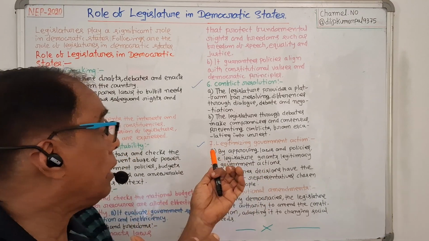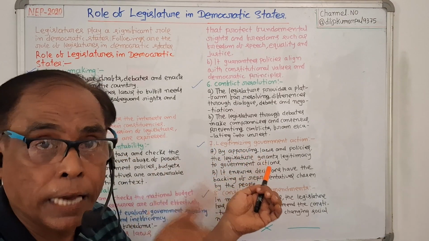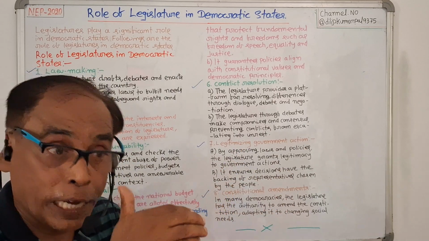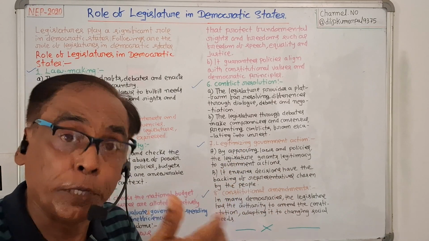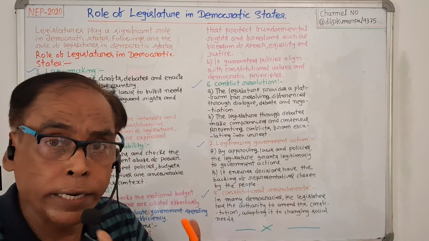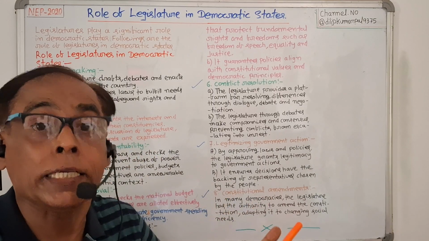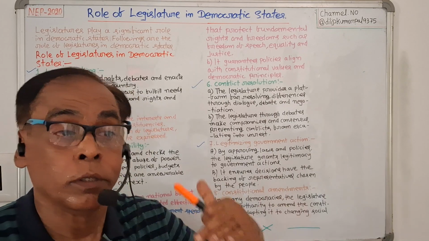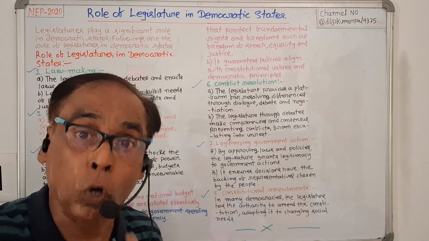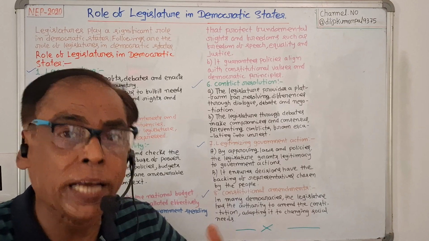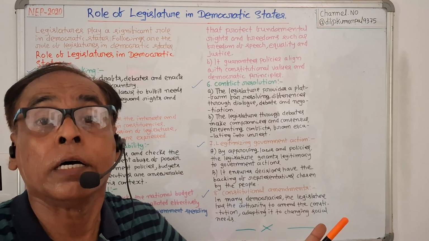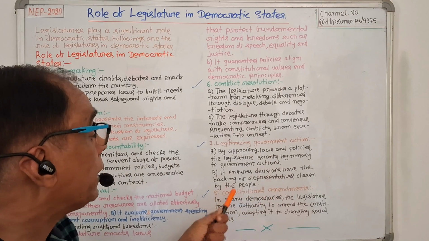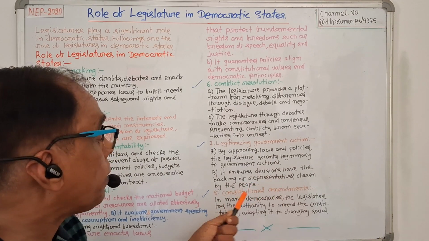It is the function of the legislature to approve policies and decisions of the government. By this, it makes government policies and decisions legitimate. Number two, it ensures decisions have the backing of representatives chosen by the people.